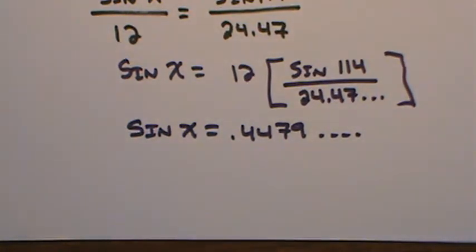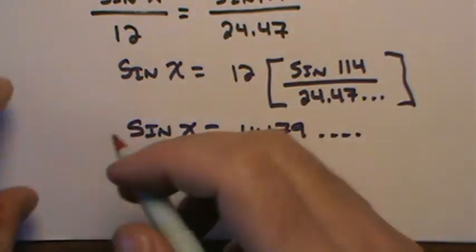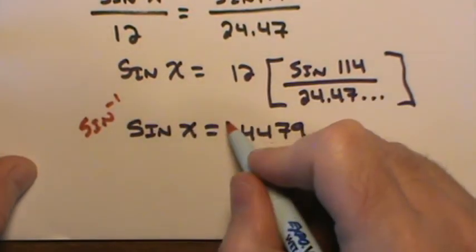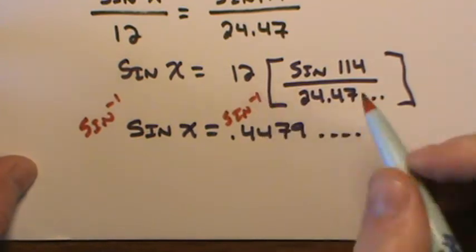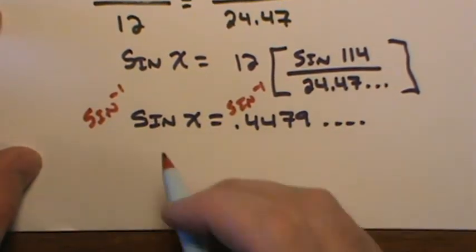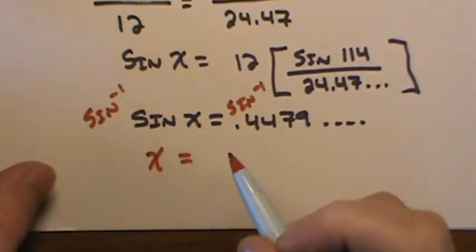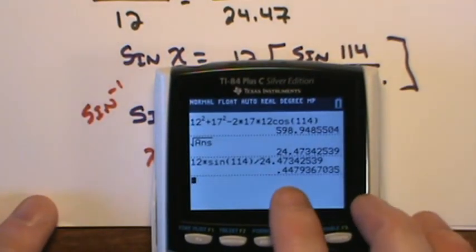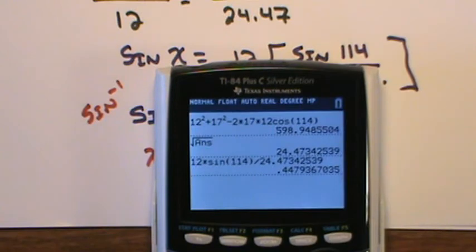To get rid of the sine, I'm going to use my arc sine, because I want the angle. I don't want all of this sine in there. Of course, what you do to one side of the equation, you do to the other. So this leaves me with an x equaling, and I simply go to my calculator with all of that decimal. It's so important to keep that decimal every time.